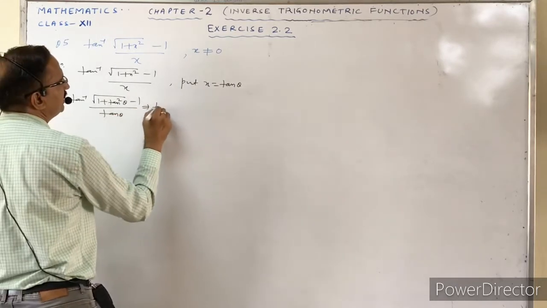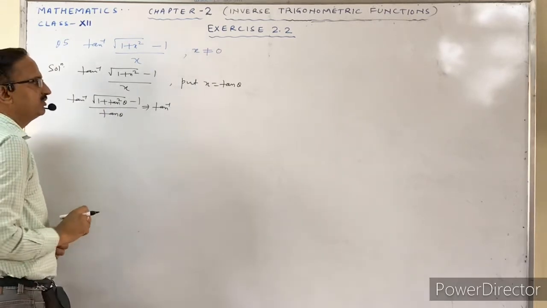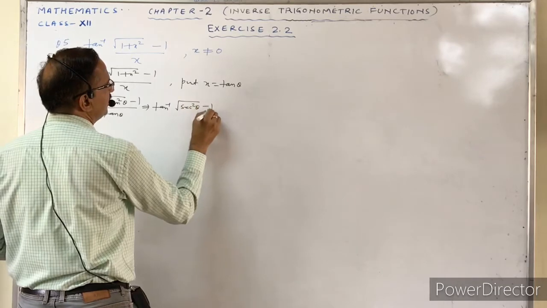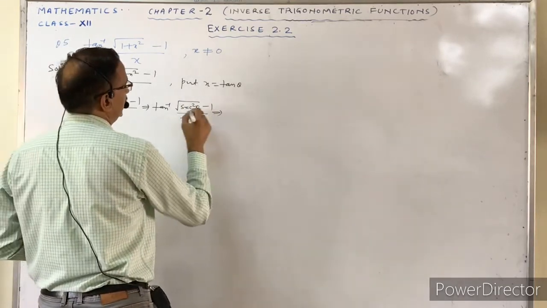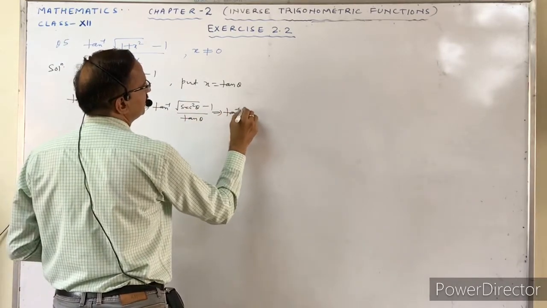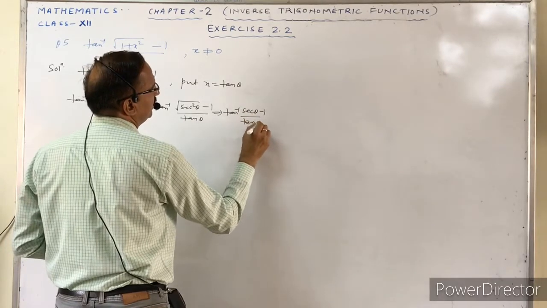Now 1 plus tan square is sec square. So this is sec square theta minus 1 upon tan theta, and the square cancels out with the square root. We will get tan inverse sec theta minus 1 upon tan theta.